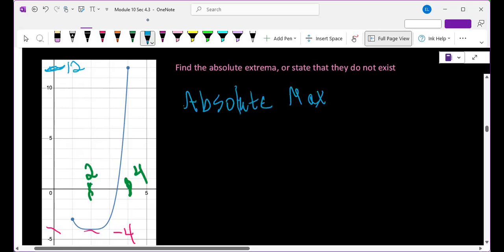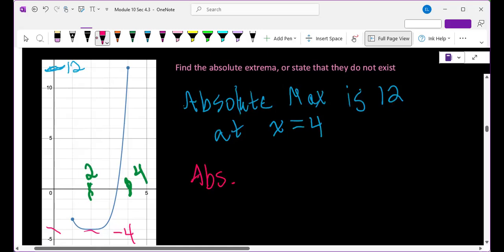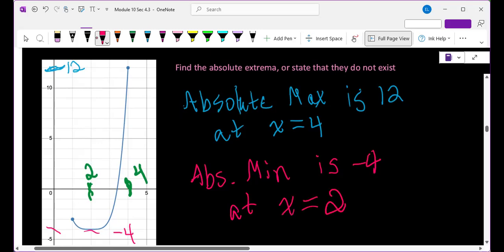Absolute max is 12 at x equals 4. I'm tired of writing the word absolute. Absolute min is -4 at x equals 2.